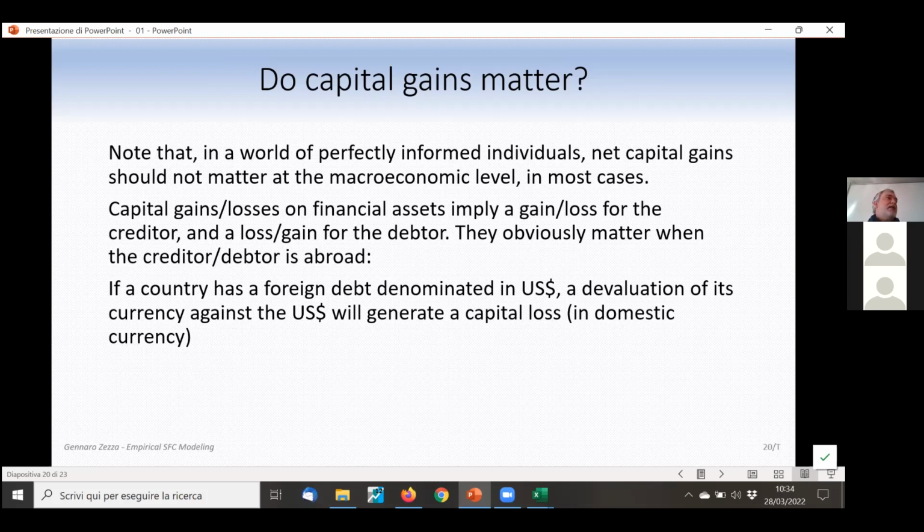If everyone is forward-looking and knows how these things work, and I want to buy a house 5 years from now and I see that the market price is going up, I should be saving more in order to afford the house. And the homeowner knows that the price is going up, feels richer, and will save less for the same reason. So the increase in saving and the decrease in saving should cancel out if everybody knows everything.